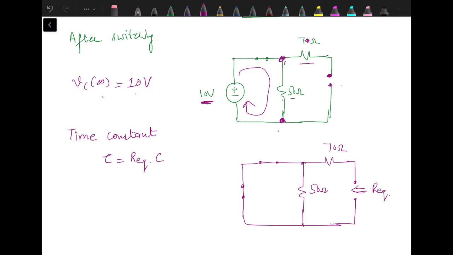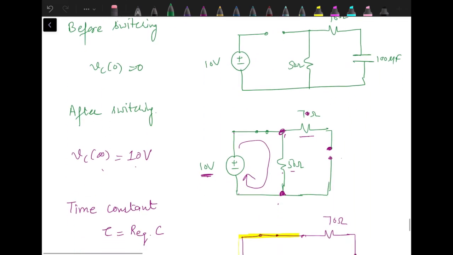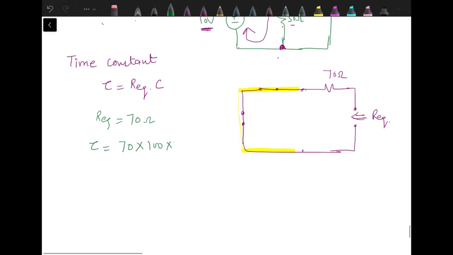Now this 50 ohm is in parallel with the short circuit, so it will actually get shorted. It's no more there in the circuit. So R equivalent is only 70 ohm and tau is 70 into the capacitor value of 100 microfarads, 100 into 10 raised to the minus 6. So it's 7 into 10 raised to the minus 3 seconds. Tau is 7 into 10 raised to the minus 3 seconds.